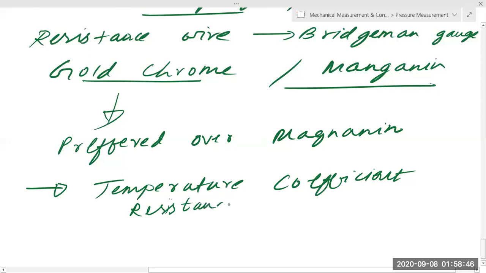Now, gold chrome has a low temperature coefficient of resistance. When there is a low temperature coefficient of resistance, the change in resistance due to temperature will also be low.